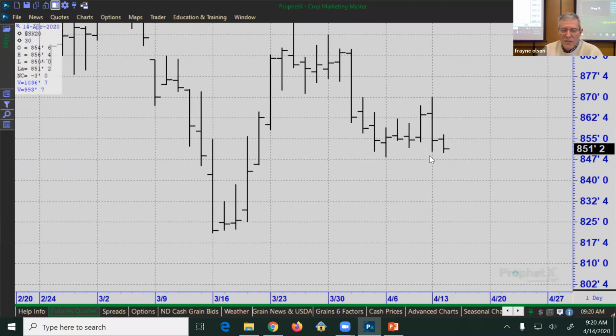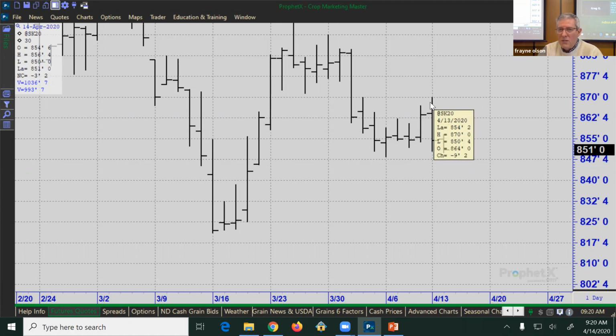The way it's set right now, each line represents one day of trading. The little tick mark on the left-hand side represents the first price as the market opens. And recognize that with today's electronic trade, the market opens at 7 o'clock in the evening.